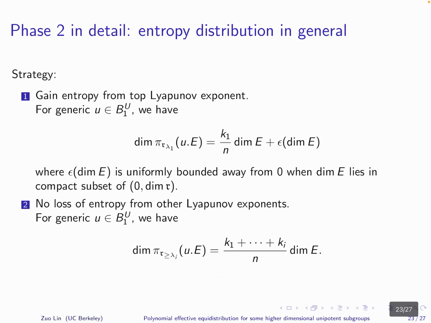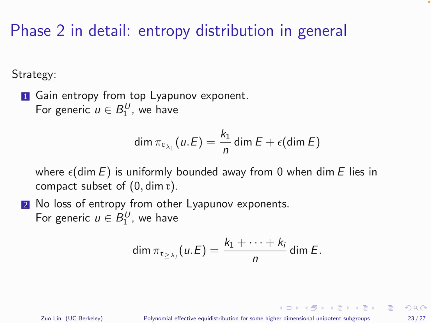The thing we try is to gain dimension improvement purely from the top Lyapunov exponent. In a general representation, we have a lot of weights, and I don't pursue gaining some dimension from every one of them. I just want that on the top Lyapunov exponent, or the largest eigenvalue, I can gain some dimension.